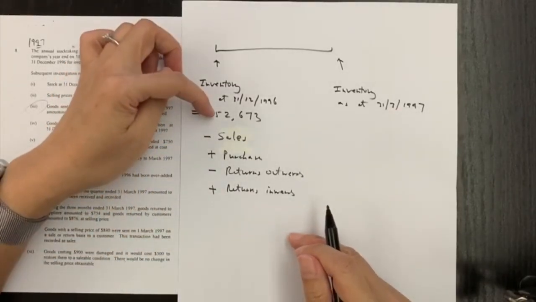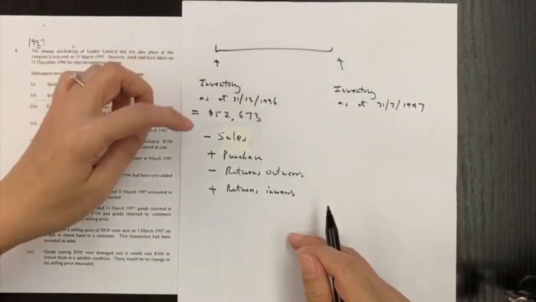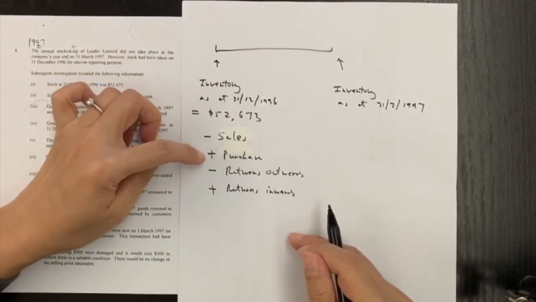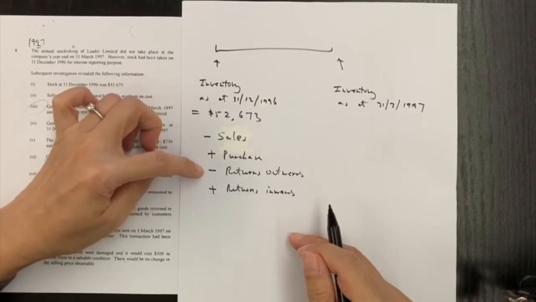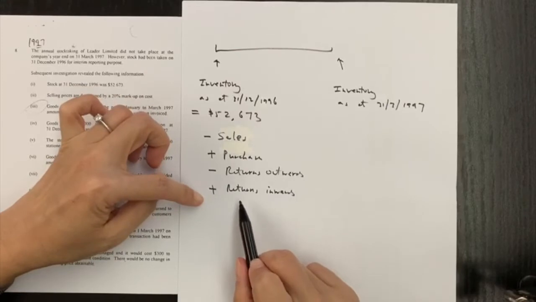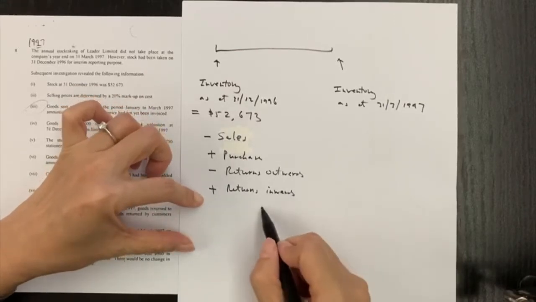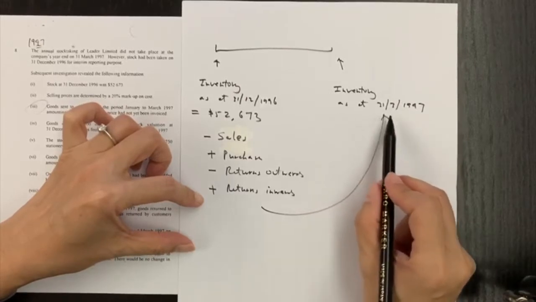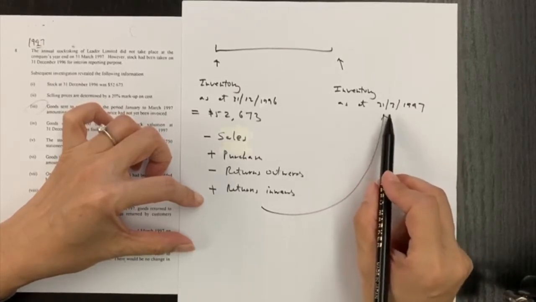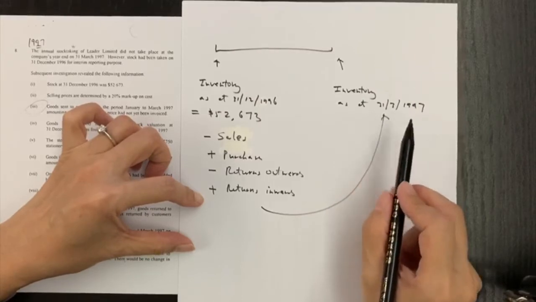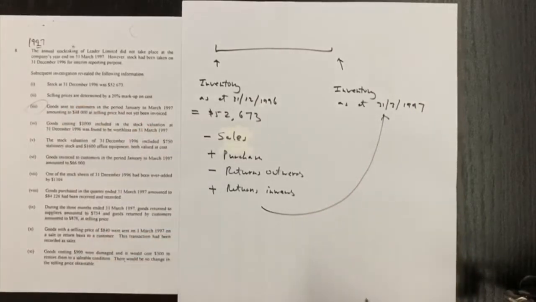Starting from this figure during these 3 months: minus sales because we have less inventory, more inventory after purchases, less inventory after returns outwards, and more inventory after returns inwards. This will be the answer, the inventory on 31st March 1997. This is the basic idea.